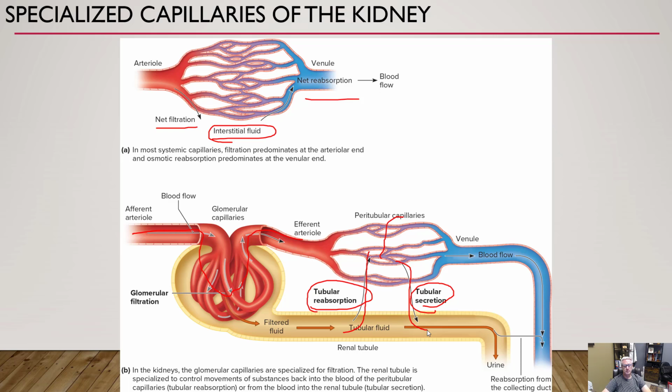Now remember that this tubular reabsorption and tubular secretion can happen at any portion of the nephron, whether it be the proximal, the loop of Henle, or the distal. But remember that 70% of reabsorption is going to happen in the proximal convoluted tubule.